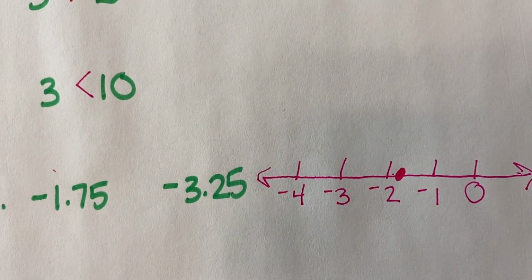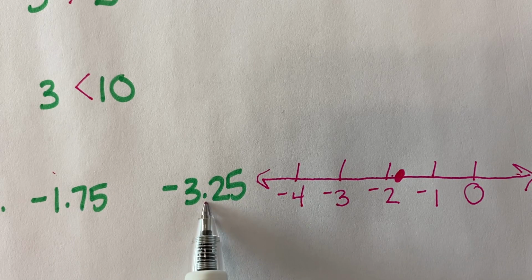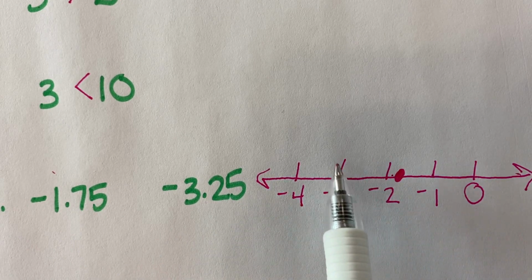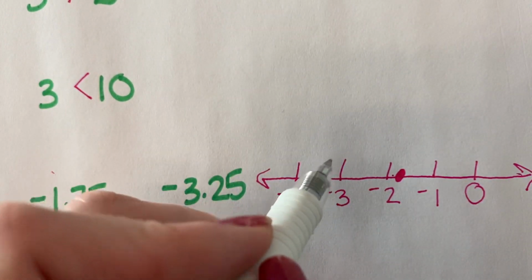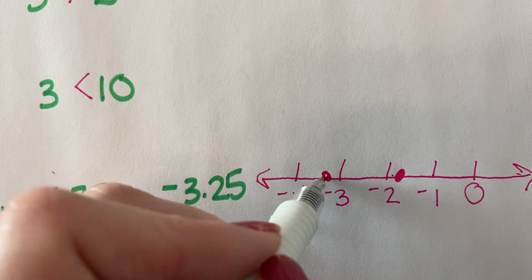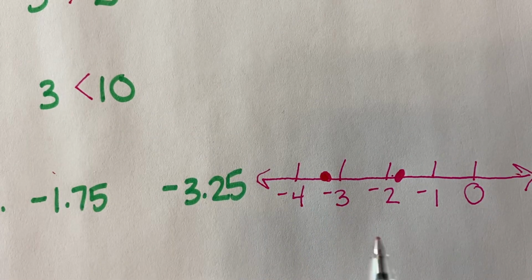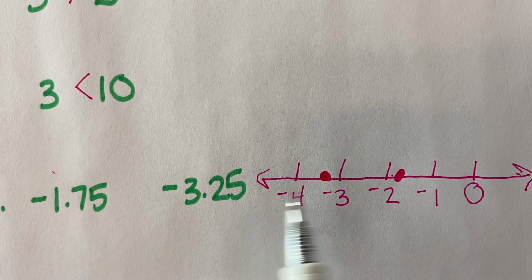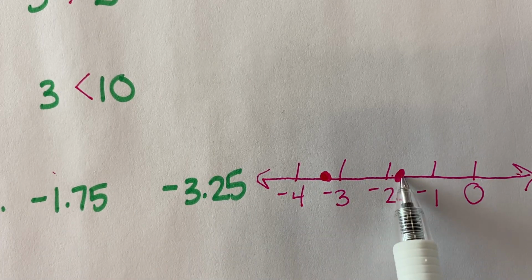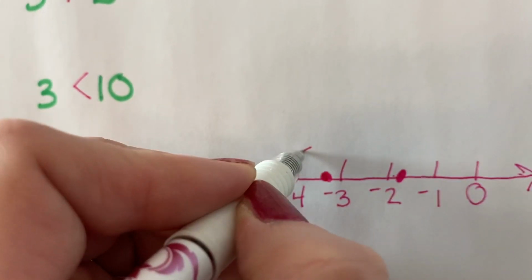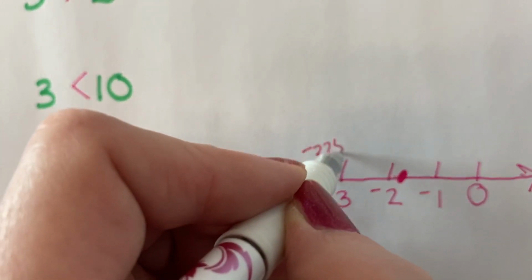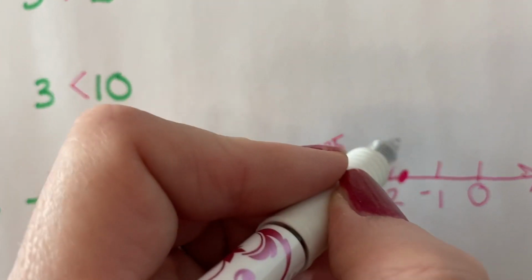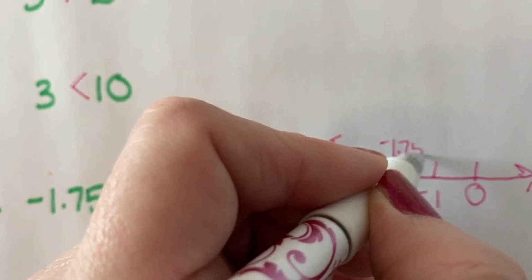Okay, so there's negative 1.75, and negative 3.25 would be negative 3 and a little bit. Because this one is closer to 0, remember, this is your negative 3.25 and this is your negative 1.75.